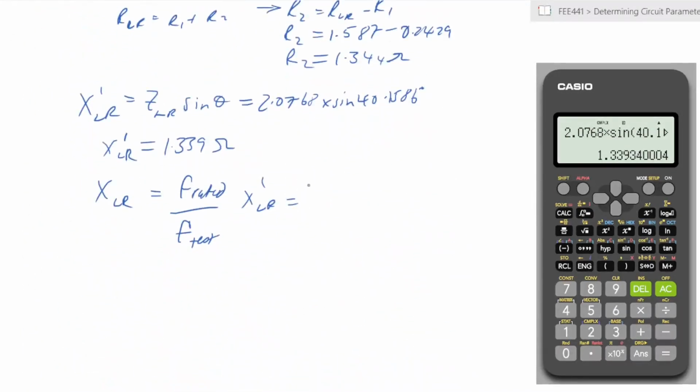So 50 over 15 times 1.339. So the actual XLR will be 4.464 ohms. So that is our full scale XLR.